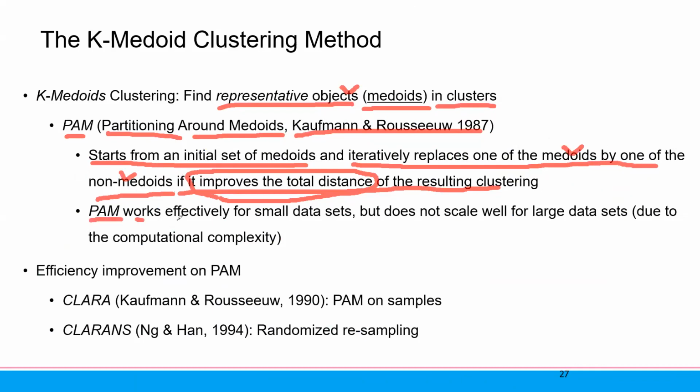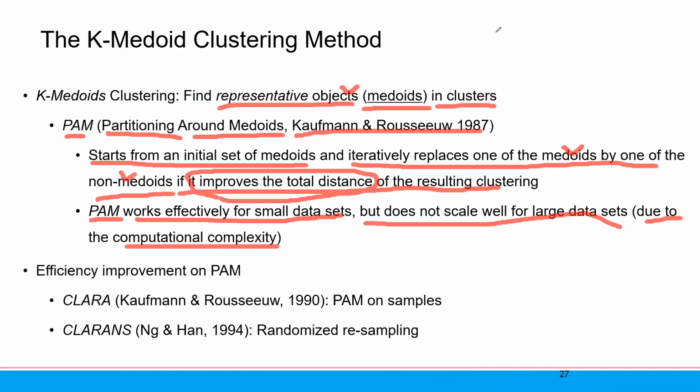PAM works effectively for small data sets, but does not scale well for large data sets. When we do the calculation, we do it for every one of the objects, so it is due to the computational complexity.